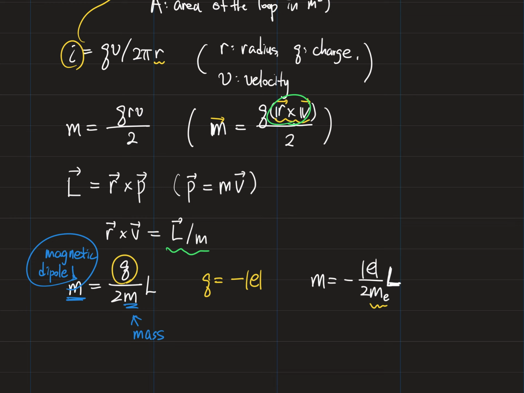Because we are trying to explain the impact of external magnetic field, that's why we are trying to derive the expression for magnetic dipole. Okay. So now we derive the expression for magnetic dipole caused by the circular motion of electron. So that is the important expression here.